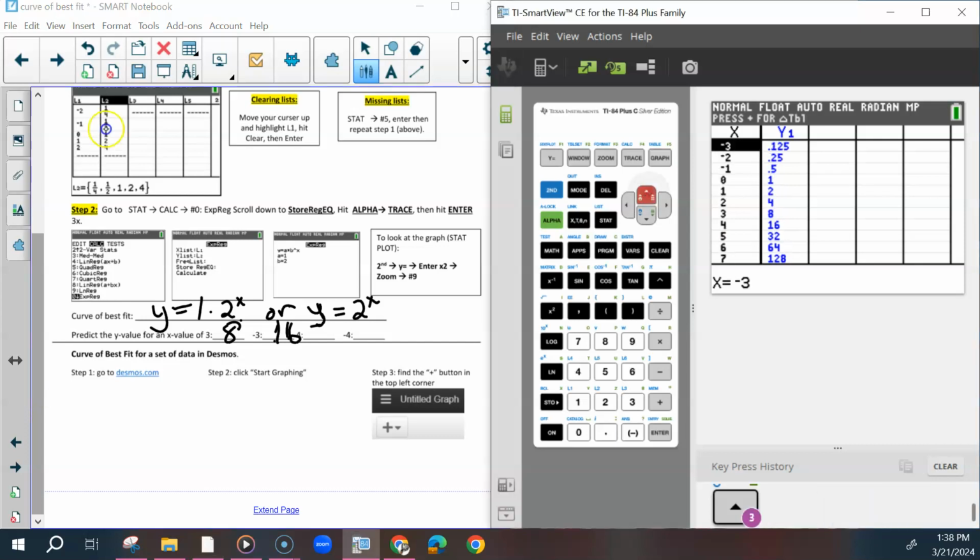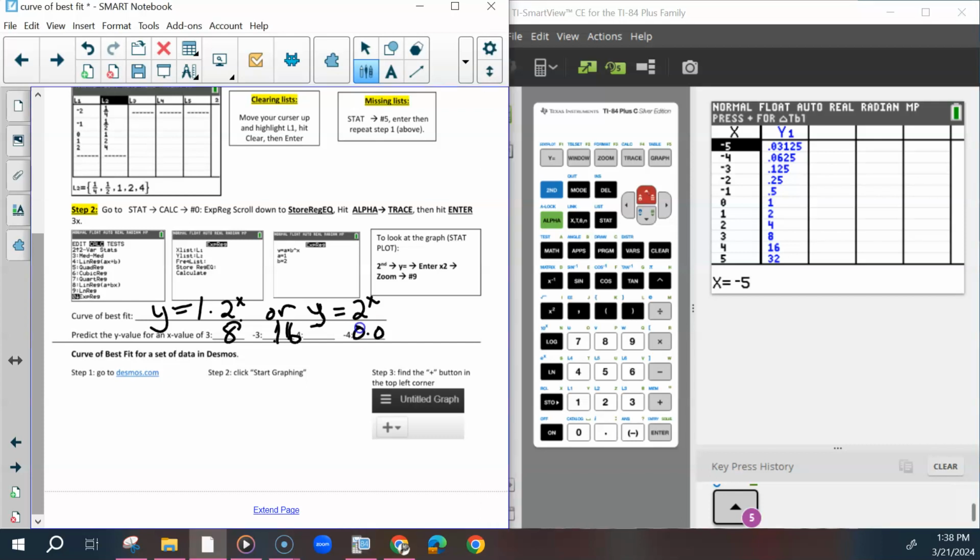And then if I go up, when x is -4, y is 0.0625, or 1/16.